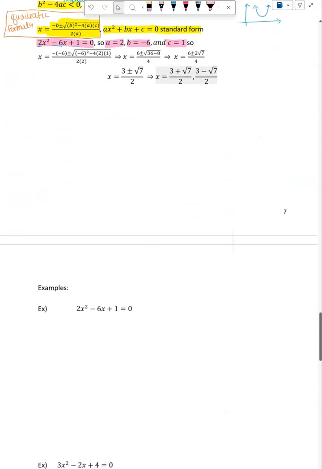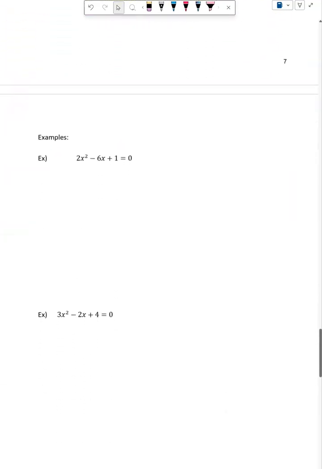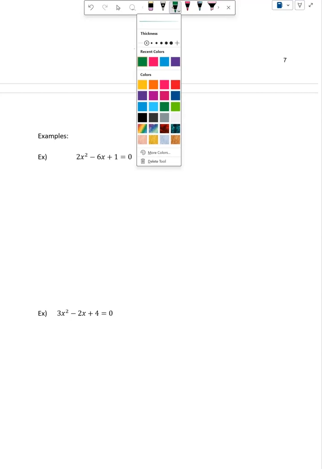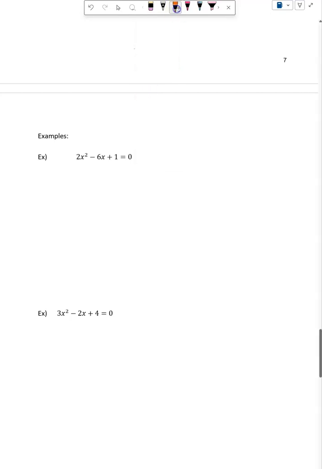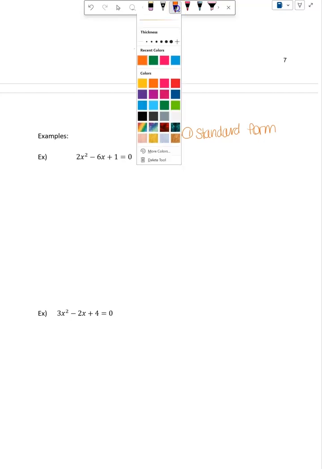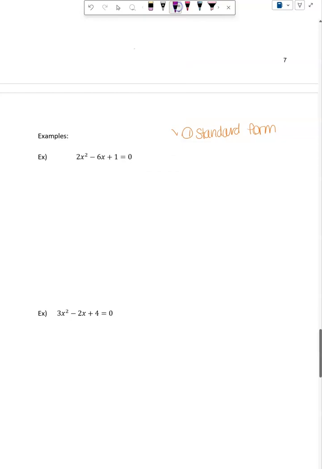So let's do one real quick. First thing we want to do is make sure that it's in standard form. Well, we have ax squared minus bx plus c equals 0, so that is correct. We are there. Next thing we want to do is step 2.